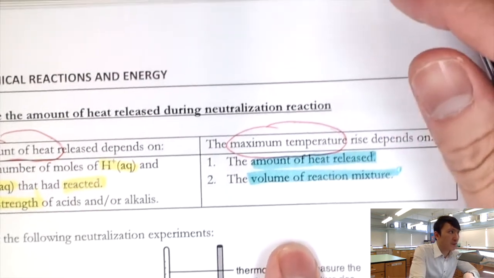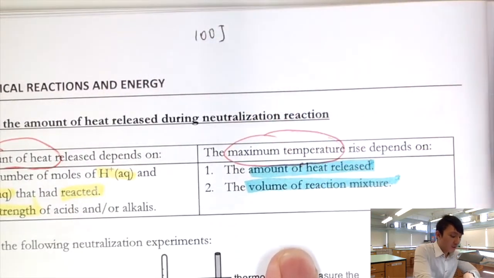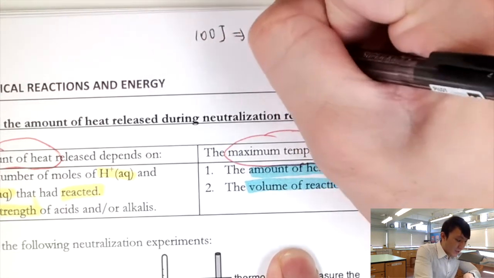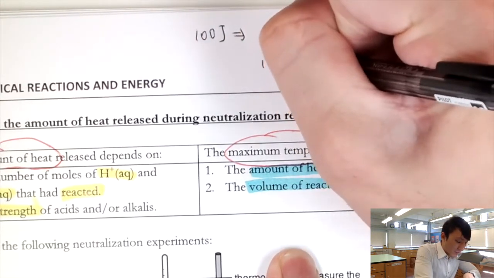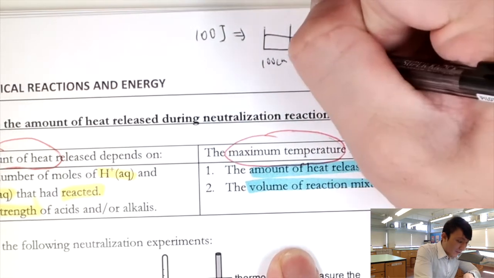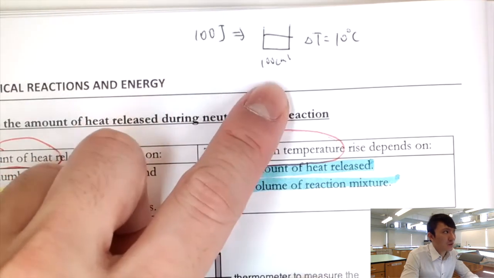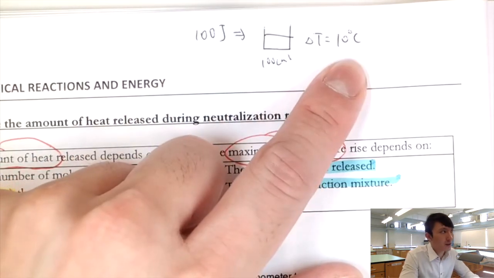Let me give you an example. So if 100 joules is added into a liquid of 100 cm3, the delta T is, let's say, 10 degrees Celsius. So 100 joules applied to 100 cm3, the delta T is 10, right?